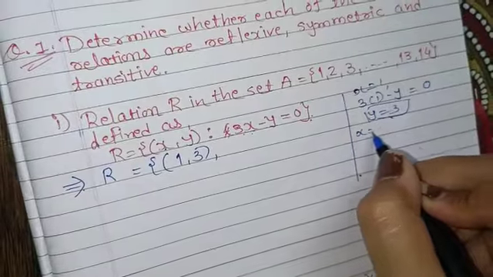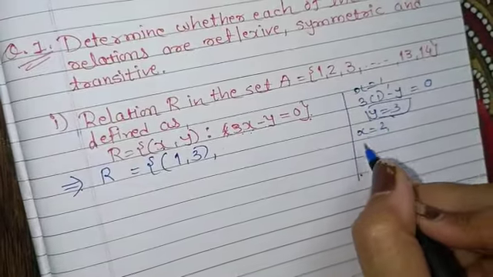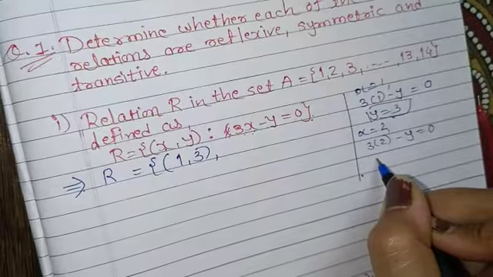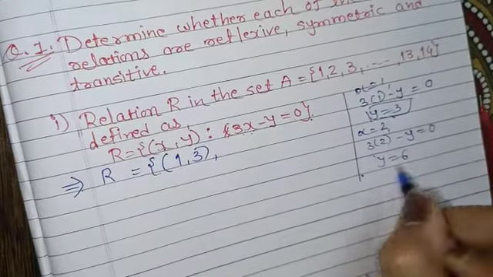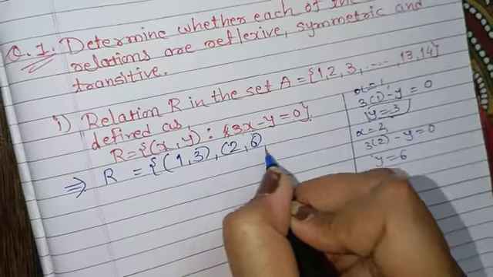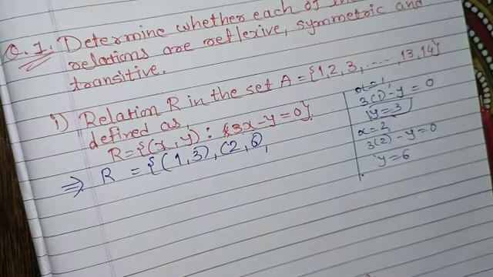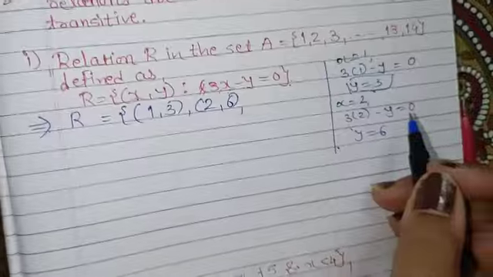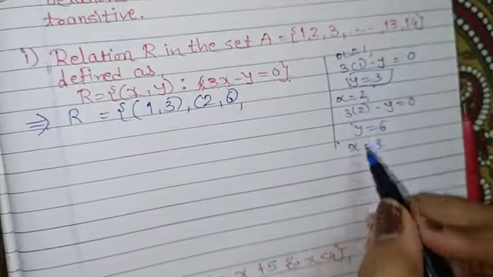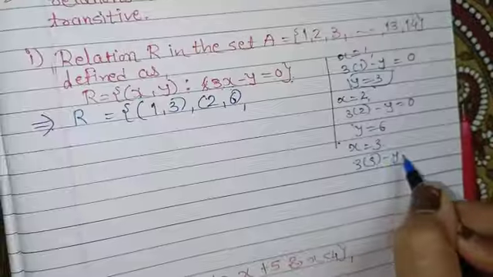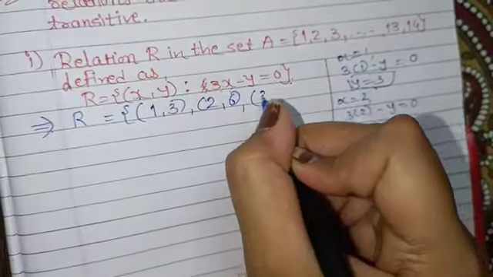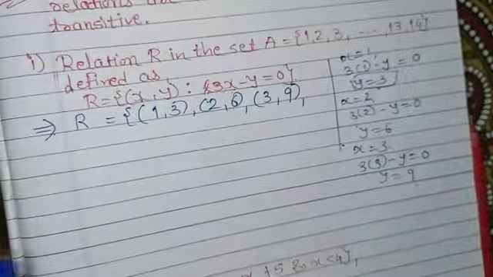If we take x equals 2, then 3 times 2 is 6, so y equals 6, and the second ordered pair is (2, 6). The third one: if we take x equals 3, then 3 times 3 is 9, so y equals 9, and we get the ordered pair (3, 9).